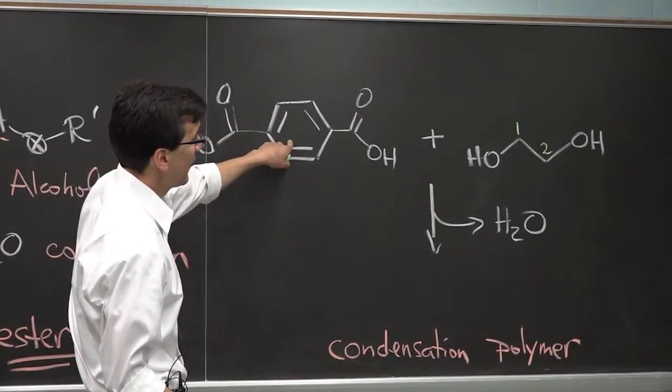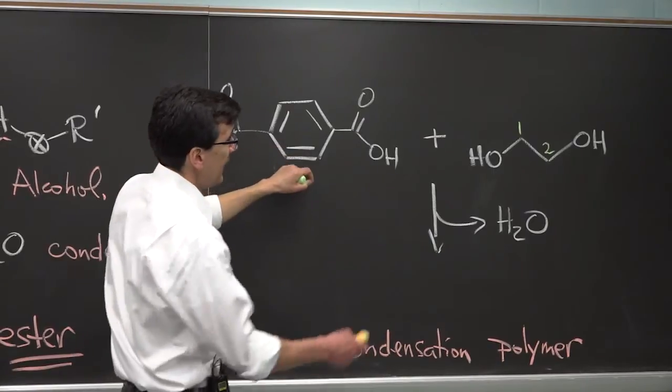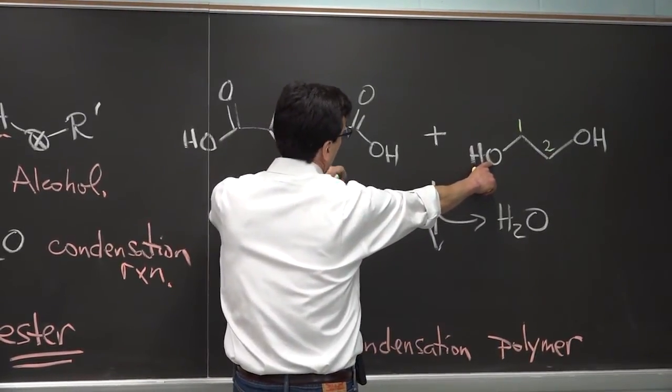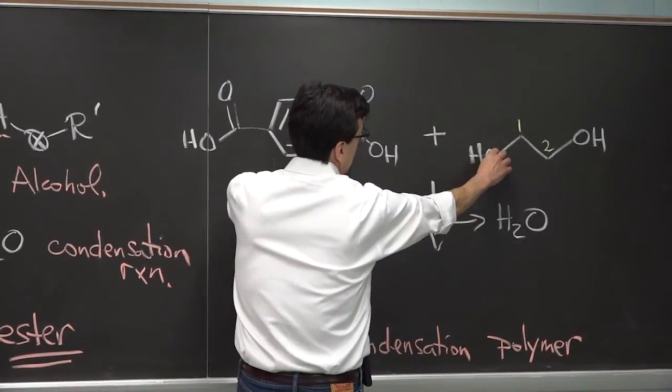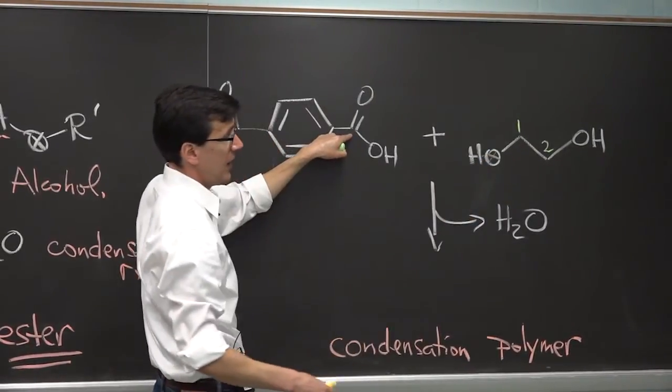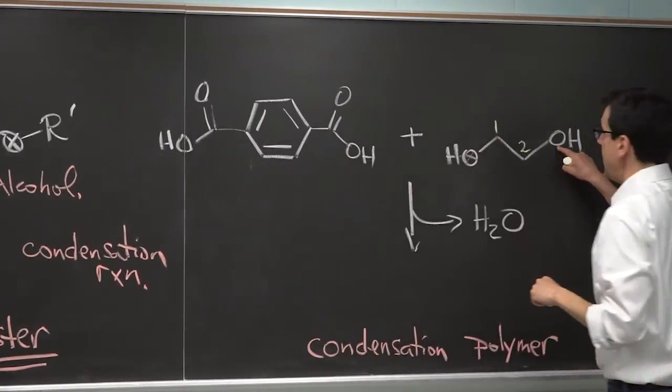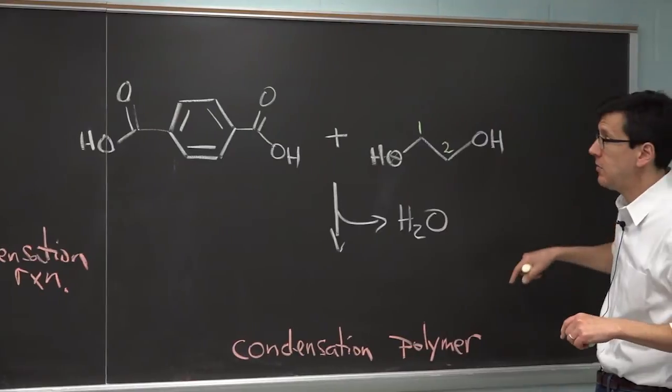This dicarboxylic acid could condense with the OH group of the alcohol to make an ester between this oxygen and this carbonyl. And then you would have another OH on this side, which could do the same.